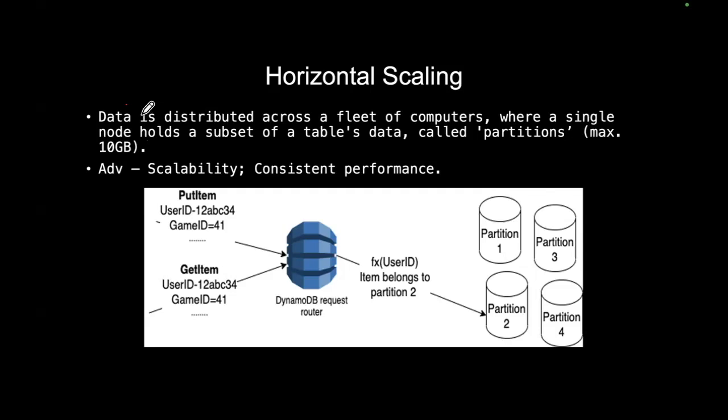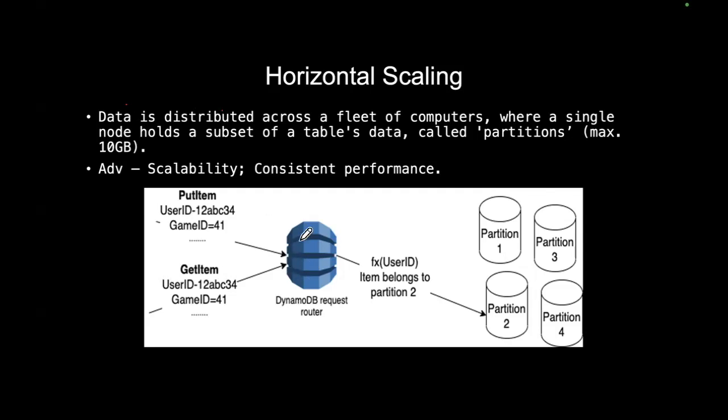But in terms of the scaling anyway, I'm saying here that DynamoDB performs horizontal scaling out of the box, really. And I'm saying that the data is distributed across a fleet of computers or nodes, where a single node is often referred to as a partition.